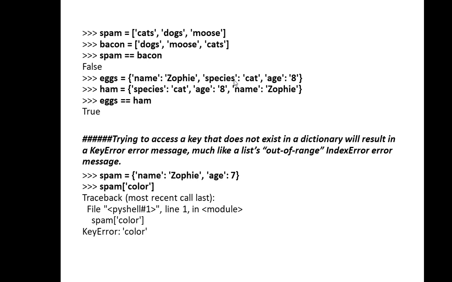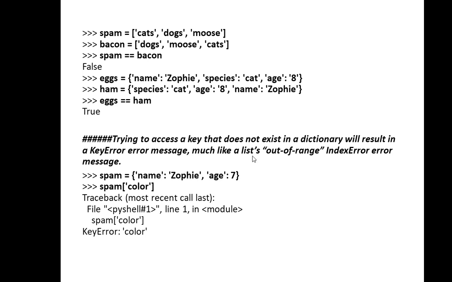Is the species in eggs equal to the species in ham? It is the same. Is the age in eggs equal to the age in ham? Yes, it is the same, and therefore it is true. So that means in a list it is checking in a sequence, but in dictionaries it is checking by the keys.